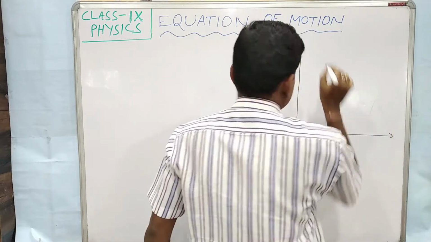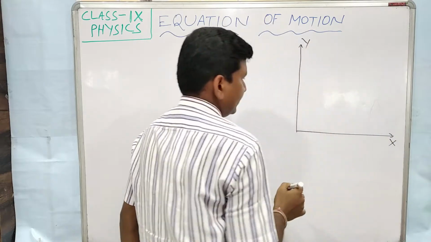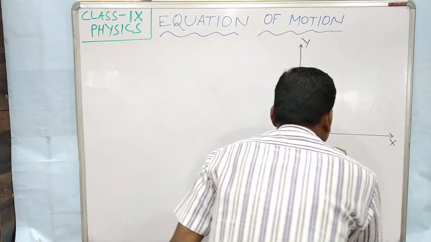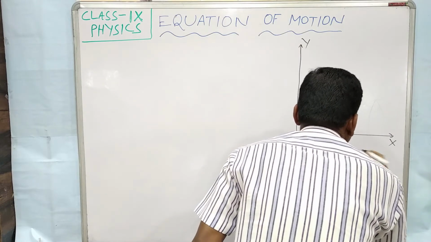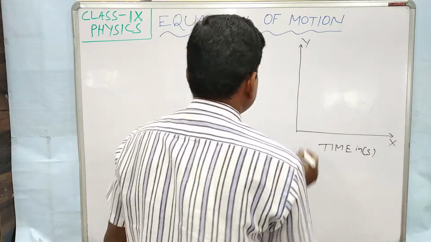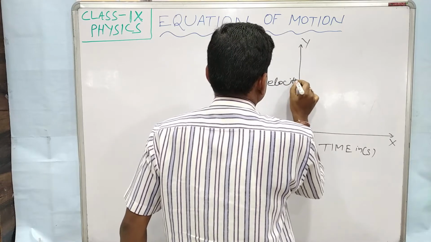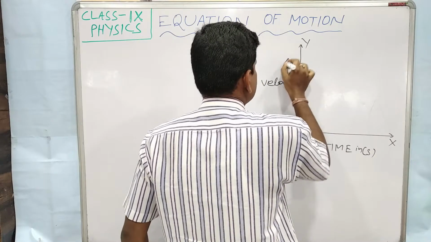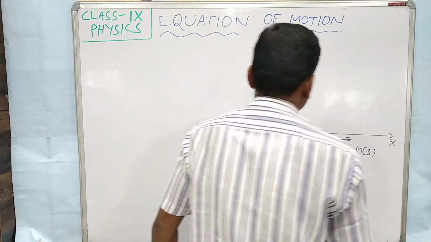You know that this is your x-axis, this is your y-axis. In the x-axis, we will take time in seconds. Generally, we take time in seconds. Velocity is increasing in this way, time is increasing in this manner. This is your origin.